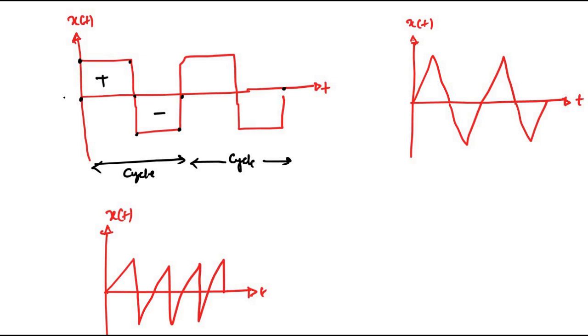Again here, starting from 0, this is the positive half cycle, this is the negative half cycle. The positive maximum value, again the negative maximum value, again 0. This constitutes one complete cycle. Here also, positive, negative, starting from here, positive max, then 0, negative max, and then here.